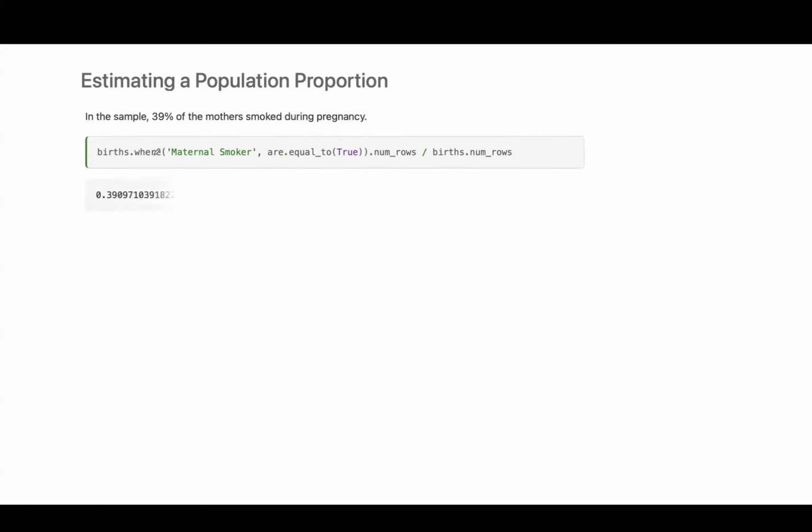So if we run the line of code, in maternal smokers, if the Boolean value is true, it means that the mother smoked during pregnancy. And if you divide it by the number of births, it's going to be about 40%.